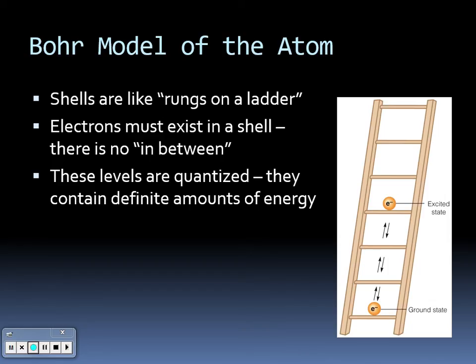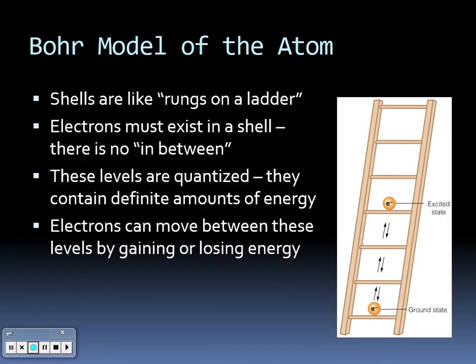Now, as we saw in the model, electrons are not stuck on their ring of the ladder. You can move between one shell and another shell, but the only way you can do that is by gaining energy or losing energy. If you gain energy, which way do you go?